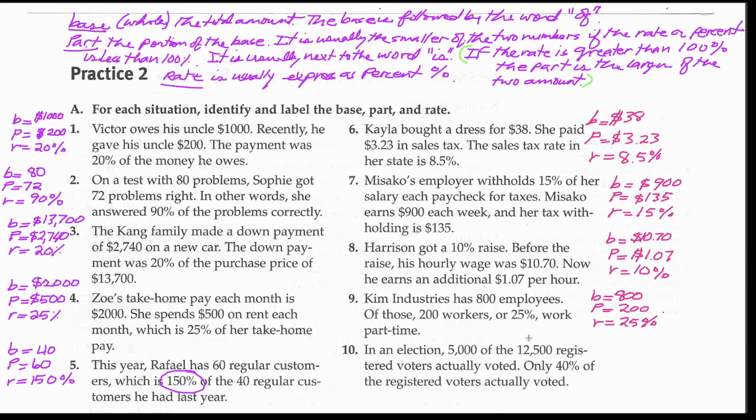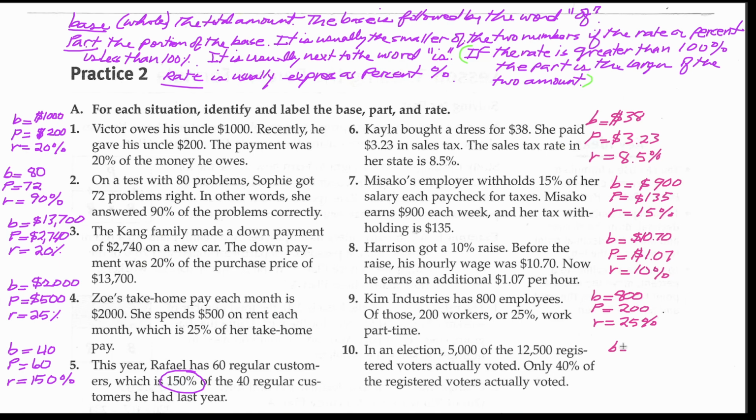Number 10. In an election, 5,000 of the 12,500 registered voters actually voted. Only 40% of the registered voters actually voted. So 40% also determines which number is the base.